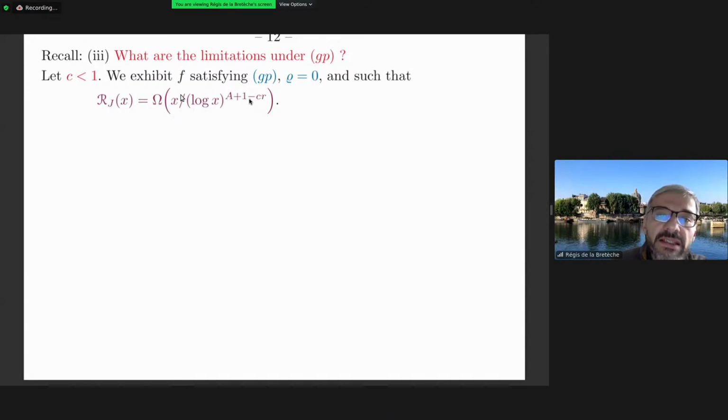So it's nearly the bound of Koukoulos and Granville, but with here a minus C times R, and C is less than 1.